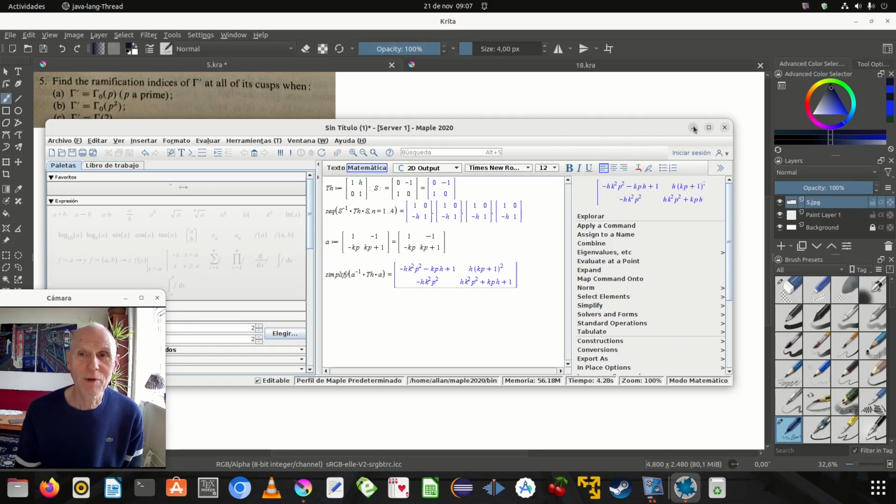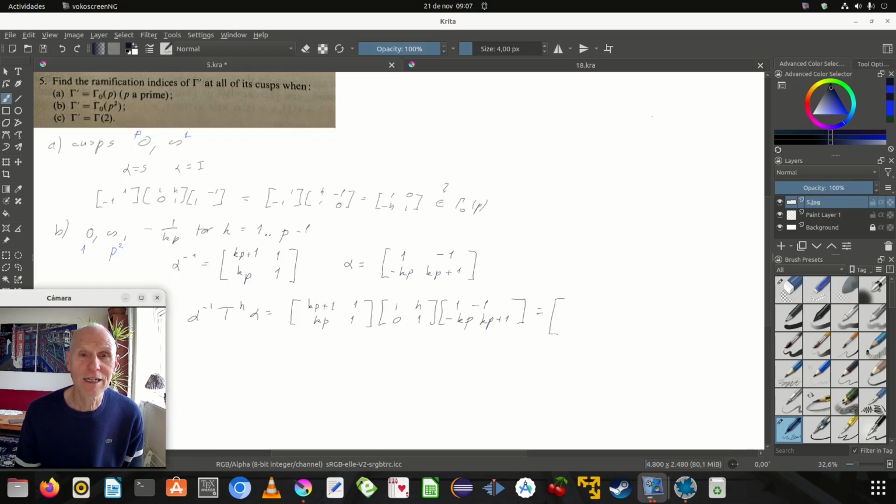So that means they have ramification index unity. Surprise. All right. Then we can go to C. And here we have the ramification indices.